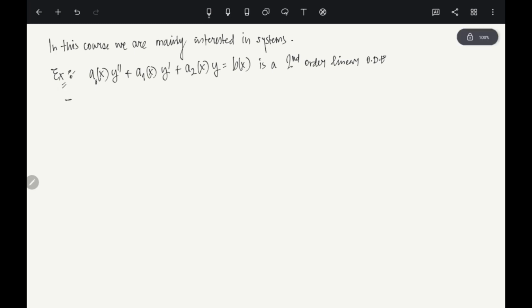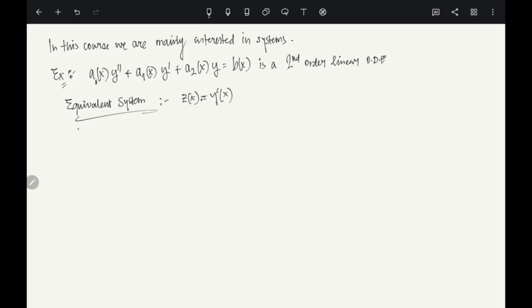So, the equivalent system. How do I write it? You define z of x to be y prime of x.